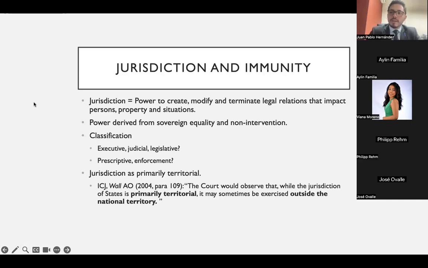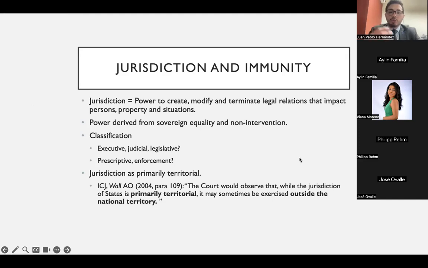And this was stated by the International Court of Justice in the Nicaragua case, as well as many other decisions over the years. And so the basic tenet behind sovereign equality and non-intervention is the notion that states have sovereignty over their own territory, and that within their territory they have certain rights and obligations that do not impact the relations between that state and other states of the international system.